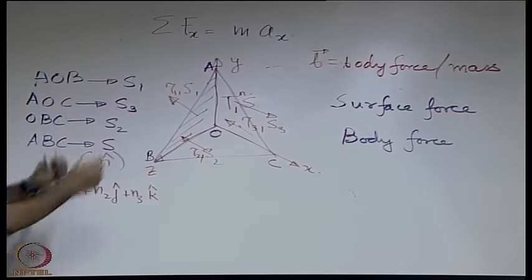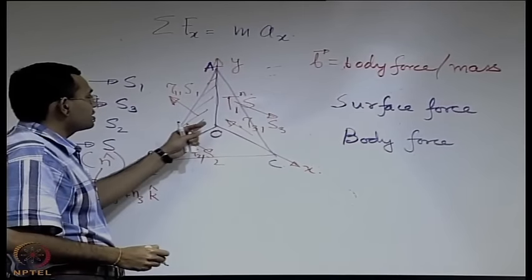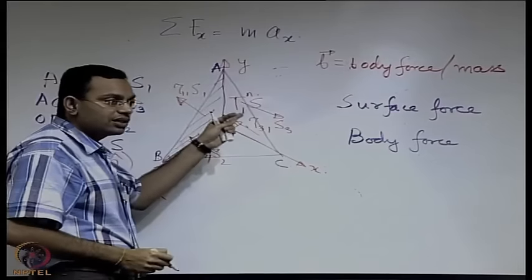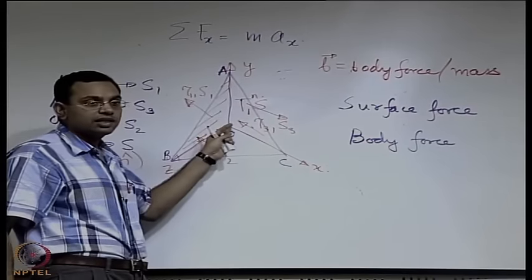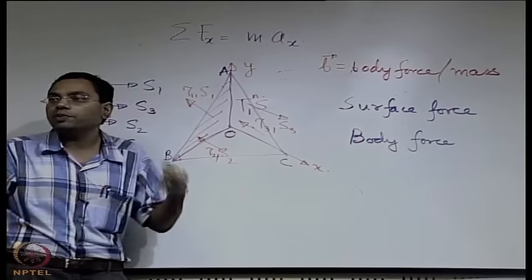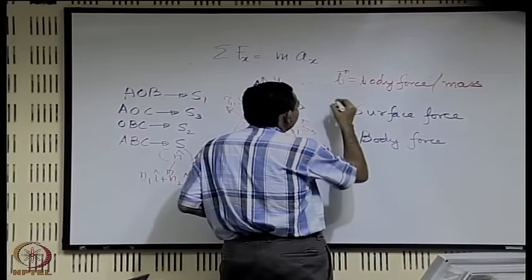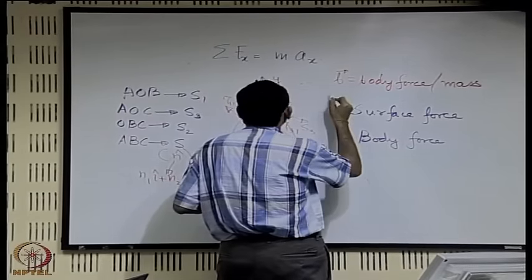For this type of element we can say that it is 1/3 into the area of this ABC times the perpendicular distance from O to ABC. Let us say that perpendicular distance is h. So we first find what is B1.